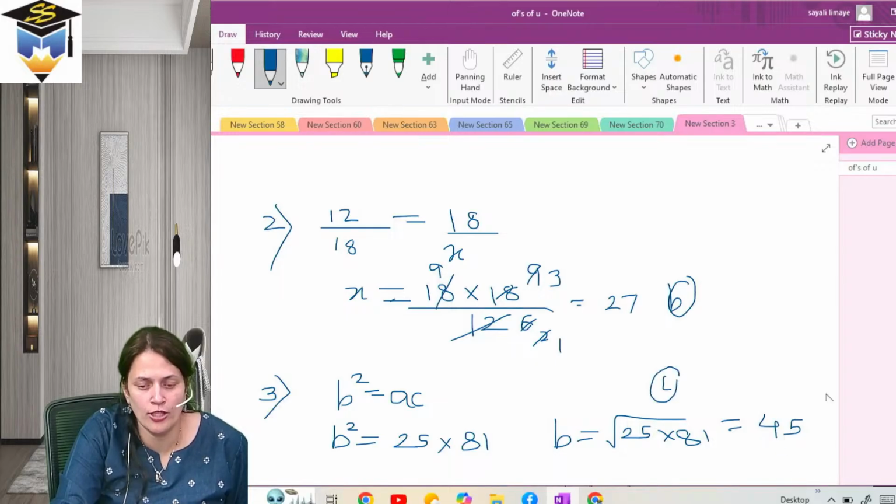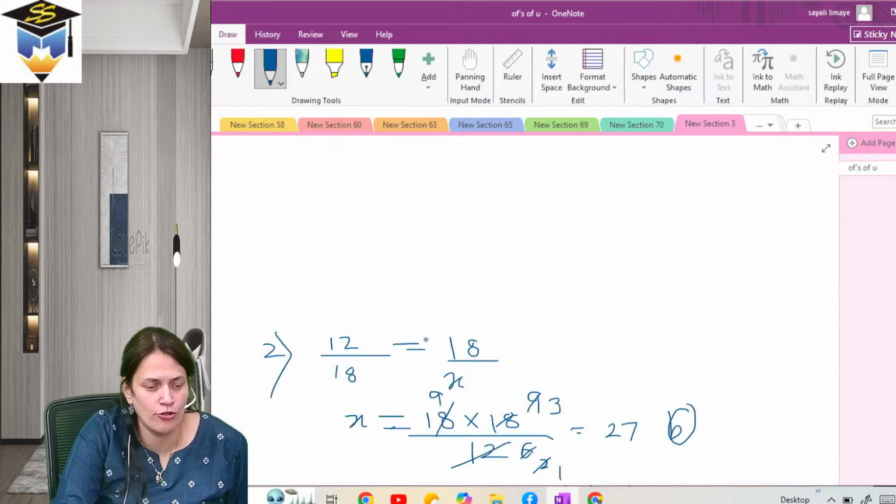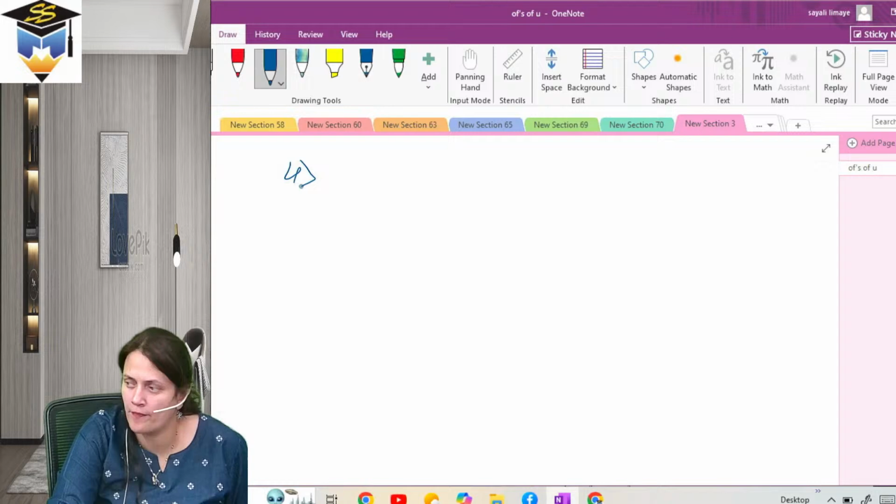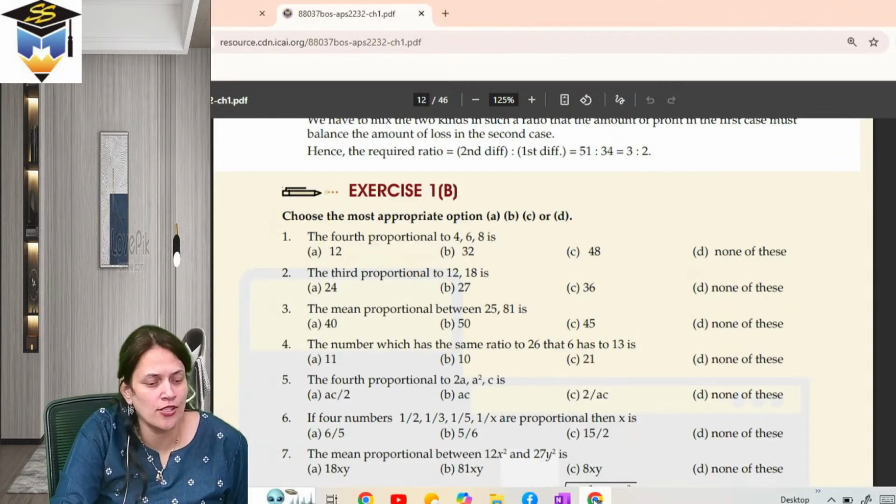Now let us move on to the next question. Question number 4. So let us check the question. The number which has same ratio to 26, that 6 has to 13. So x upon 26 is equal to 6 upon 13.